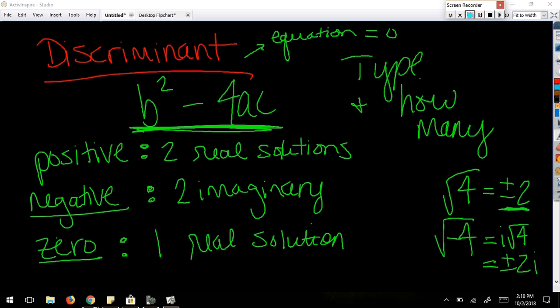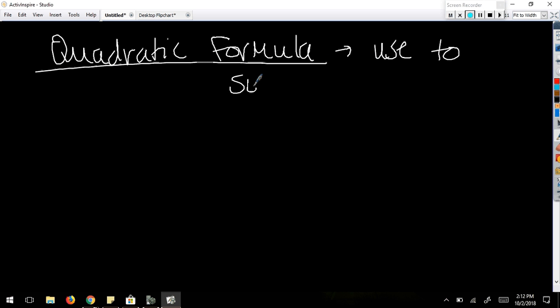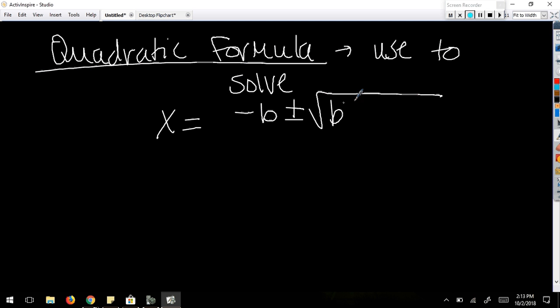All right, so just to recap, here's what happens. The quadratic formula solves. So use it to solve. It'll tell you what x equals. So this is the whole thing. Opposite b plus or minus square root of b squared minus 4ac, all over 2a.